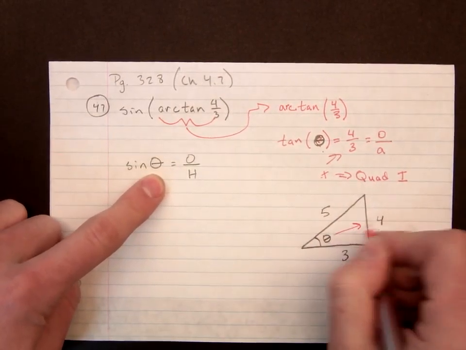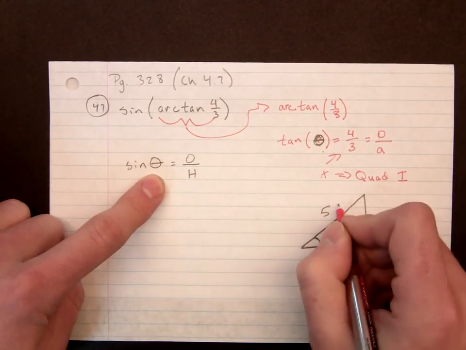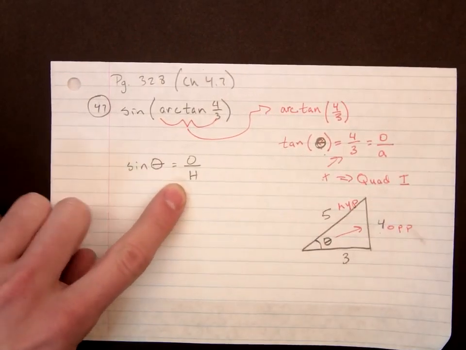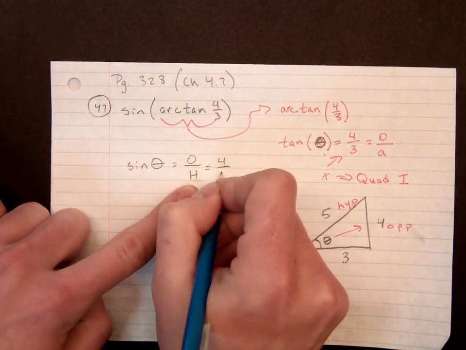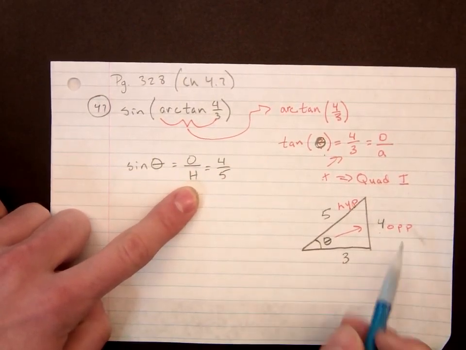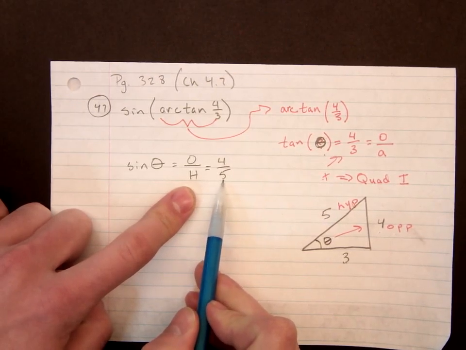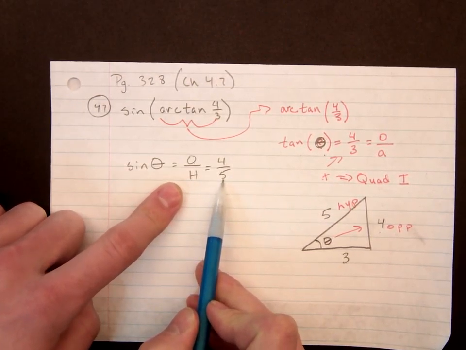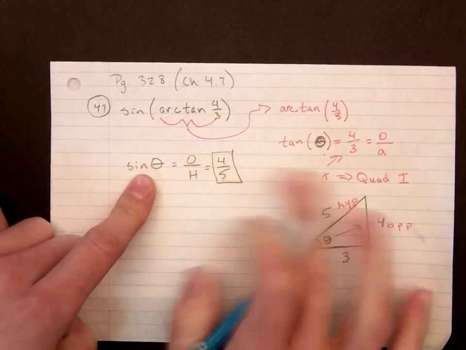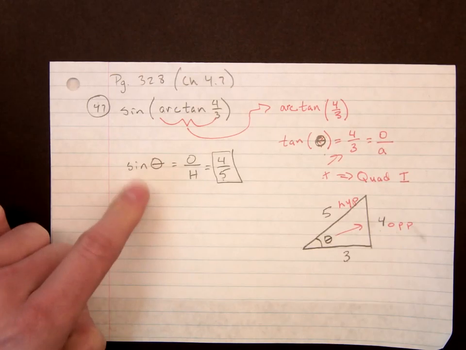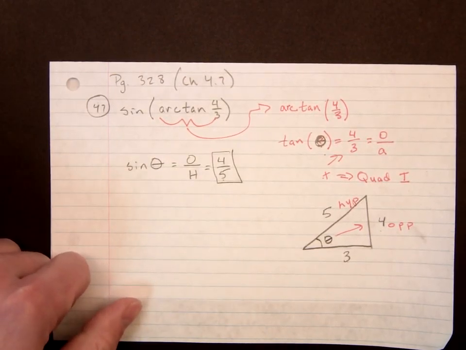Well, the opposite side is right here, and the hypotenuse is right here. Therefore, sine must equal 4 over 5, opposite over hypotenuse. And I know that since I'm in quadrant 1, sine is also positive, since all trig functions are positive in the first quadrant.